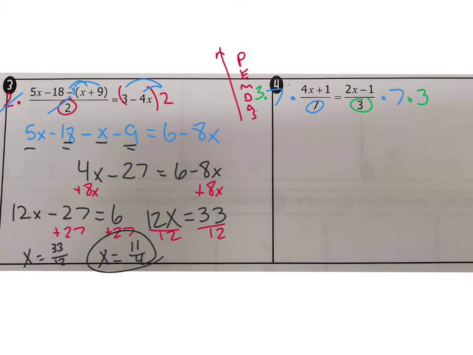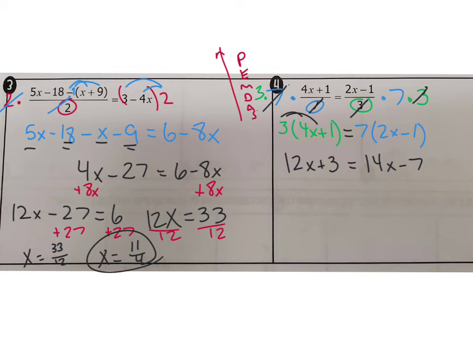Now, the 7's cancel on the left and the 3's cancel on the right. So it just becomes 3 times 4x plus 1 equals 7 times 2x minus 1. So I'm going to distribute. I'm going to get 12x plus 3 equals 14x minus 7. I'm going to move the 12x's over because they are the smaller of the two.